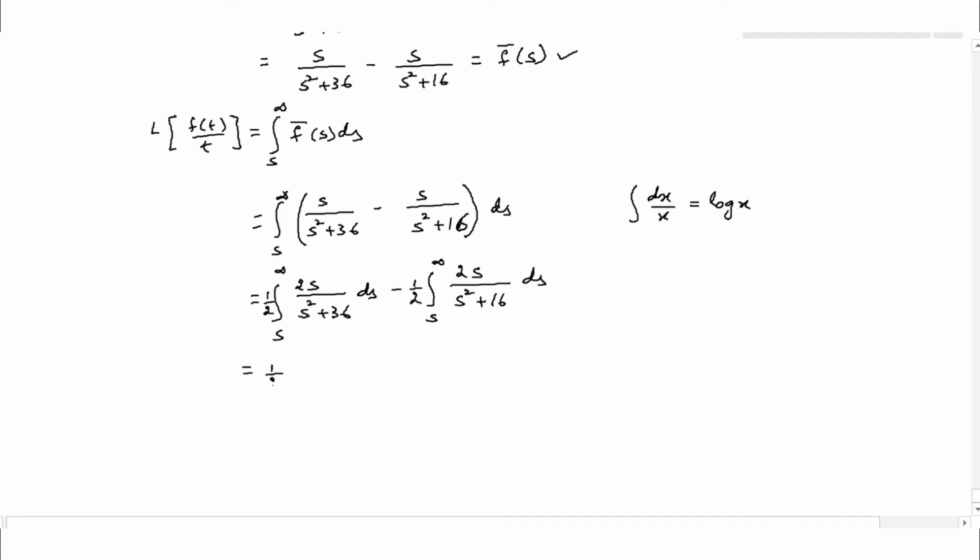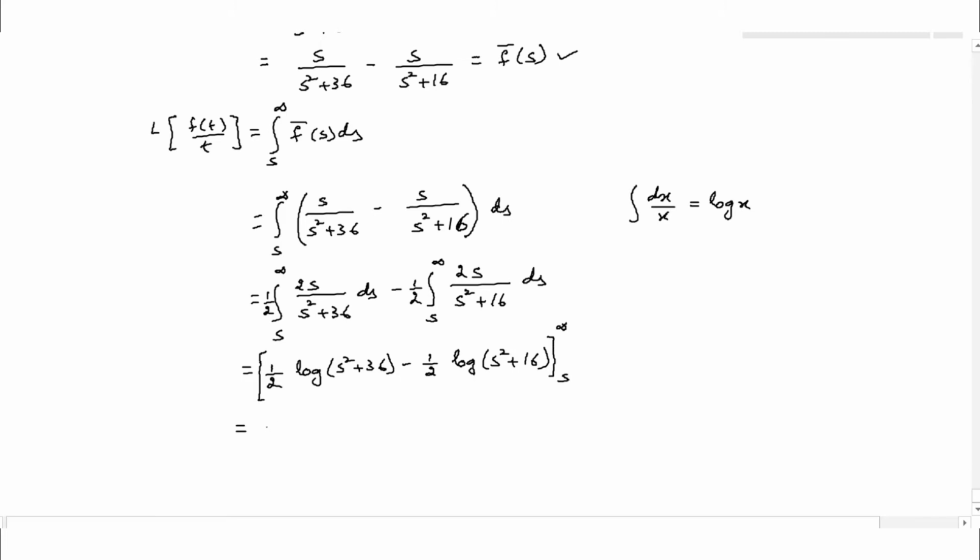So it is half times log of s square plus 36, minus half times, for the second integral, log of s square plus 16, and the limit values are from s to infinity.